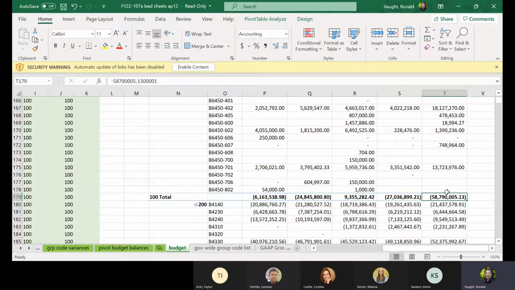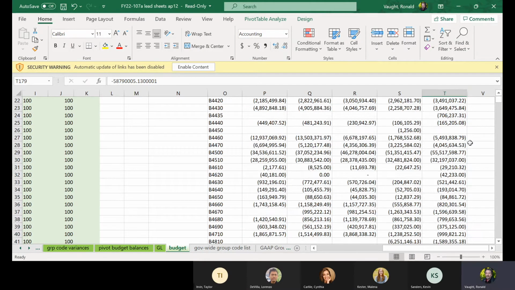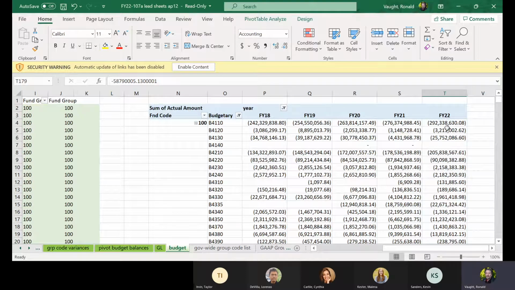Now, if your workbook isn't telling you 58.8 million, you can start comparing all these different group codes to what's in your fund book and see where the variances are, because it could be that you're missing something in the fund book. But at a minimum, we have to fix the $500,000.